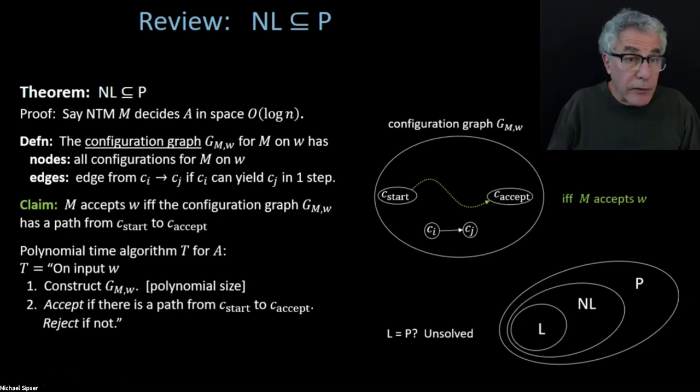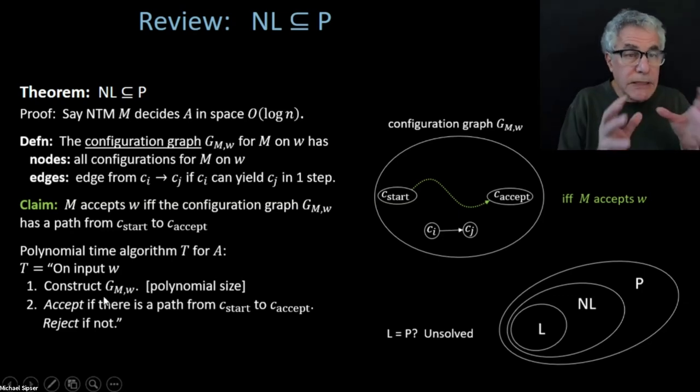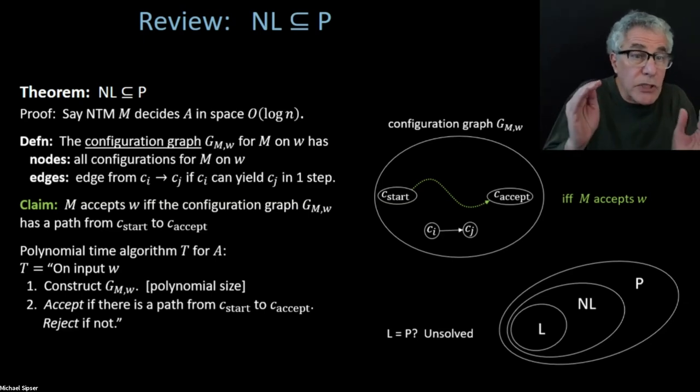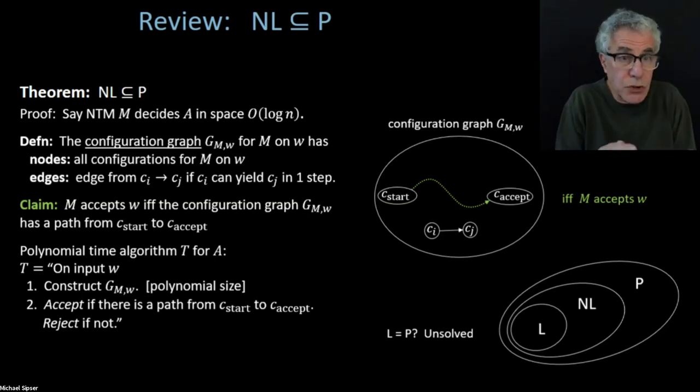I'm giving you a polynomial time algorithm for simulating a non-deterministic log space machine. Now later on, I don't want to confuse the issue right now. For this particular slide, all I need to do is construct that graph in polynomial time. It's a polynomial size graph. I can't store that whole graph in a log space memory.